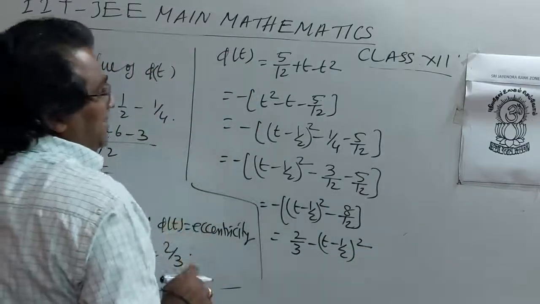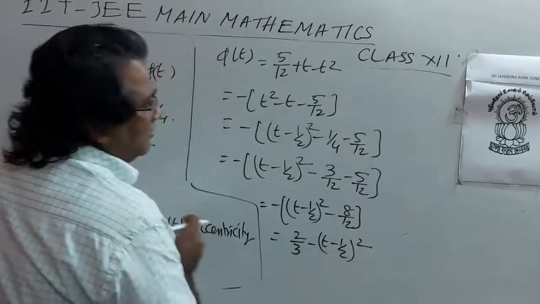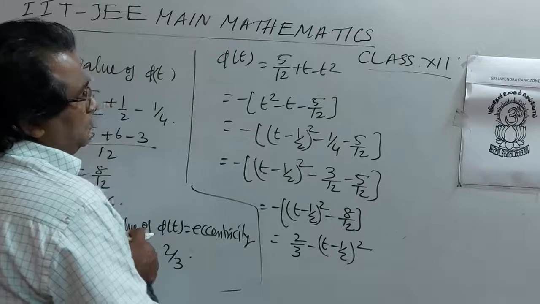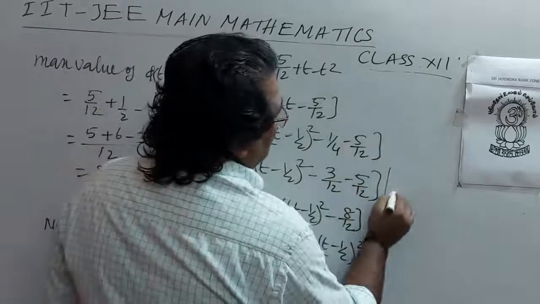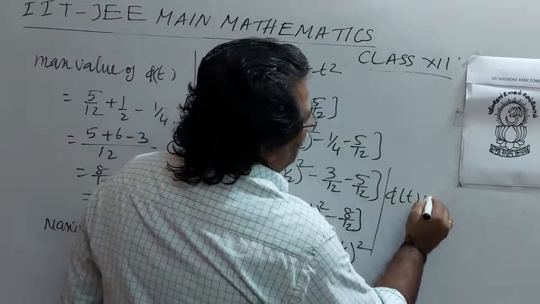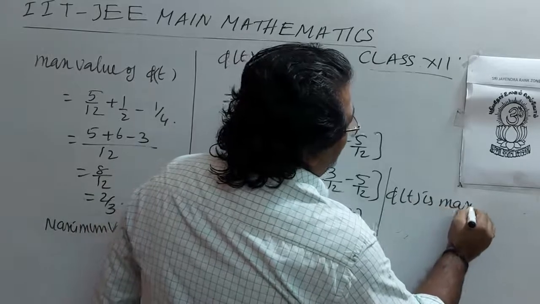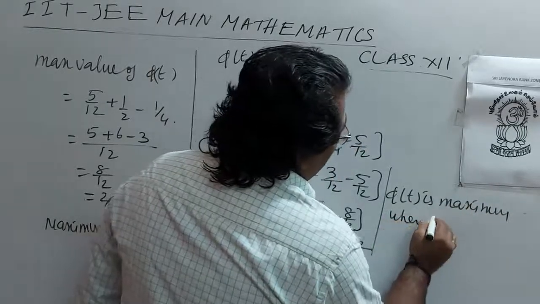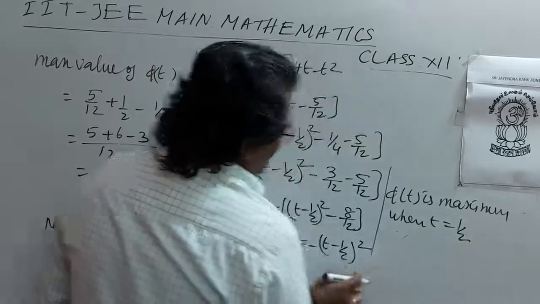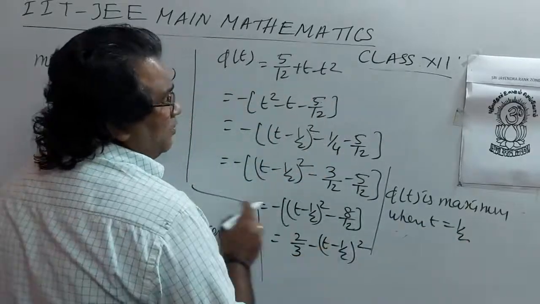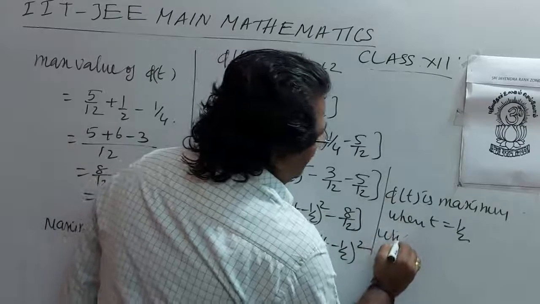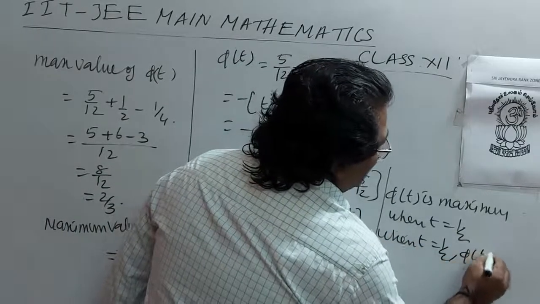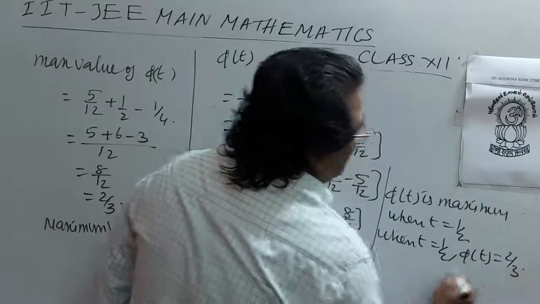Phi of t should be maximum, so the squared term should be 0. Phi of t is maximum at t equal to 1 by 2. When t equal to 1 by 2, phi of t equal to 2 by 3.